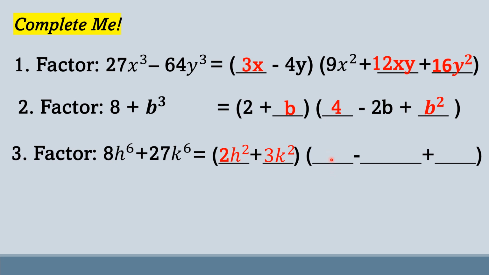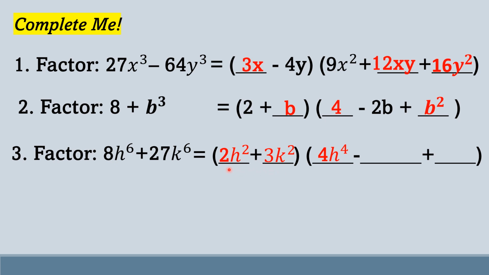Next, we have the second factor. To get the first term of the second factor, get the square of the first term of the first factor. So the square of 2h to the 2nd power is 4h to the 4th power. To get the second term of the second factor, get the product of the first and the second term of the first factor.